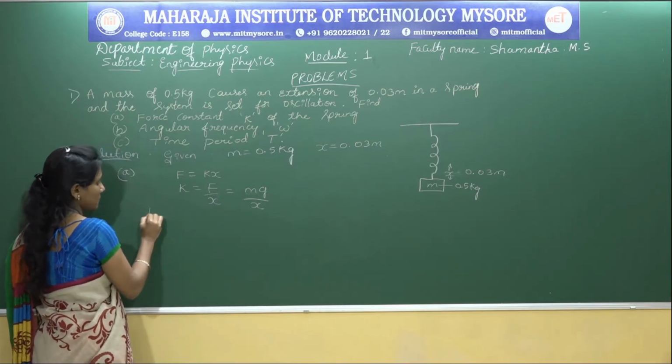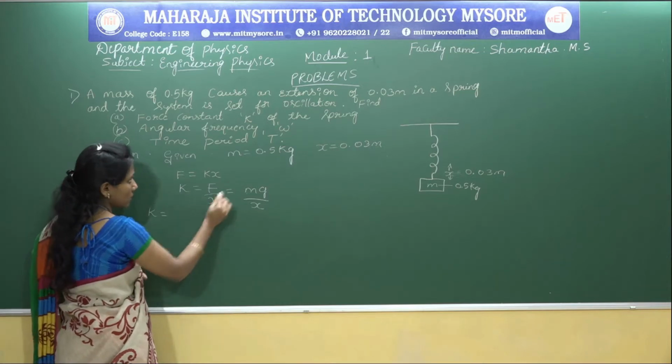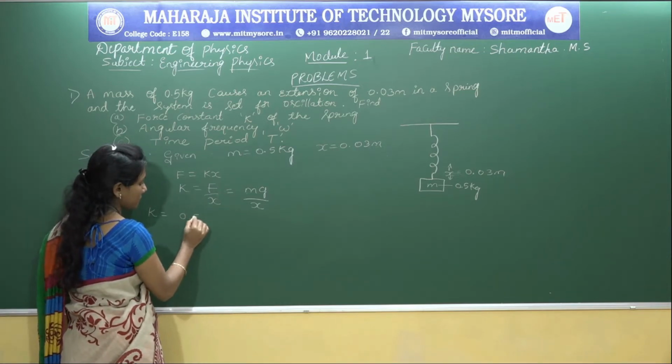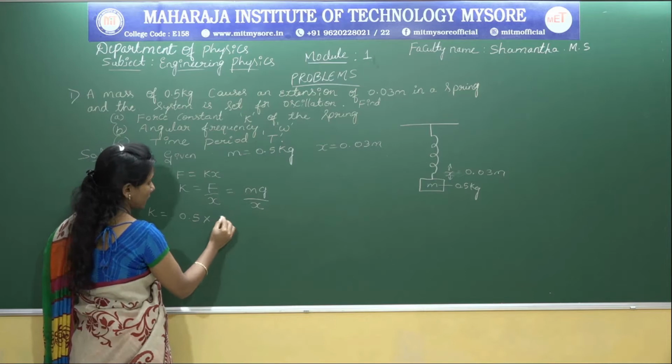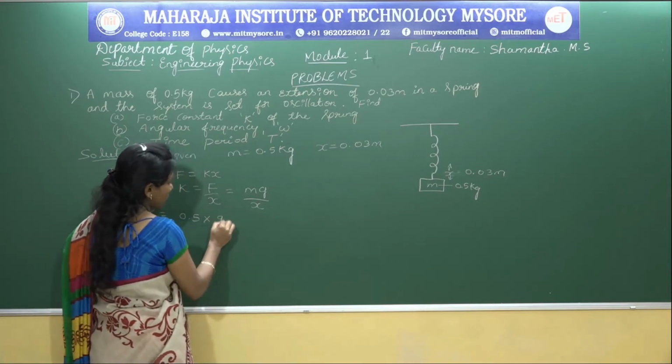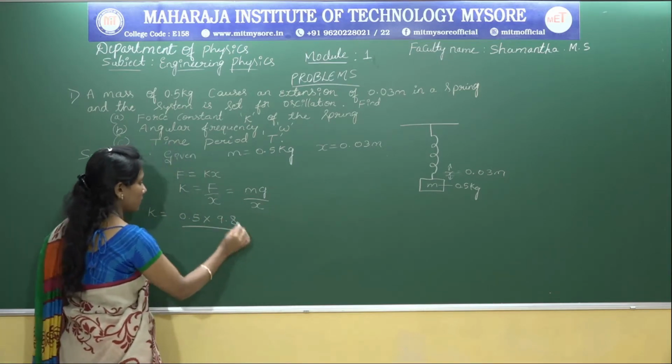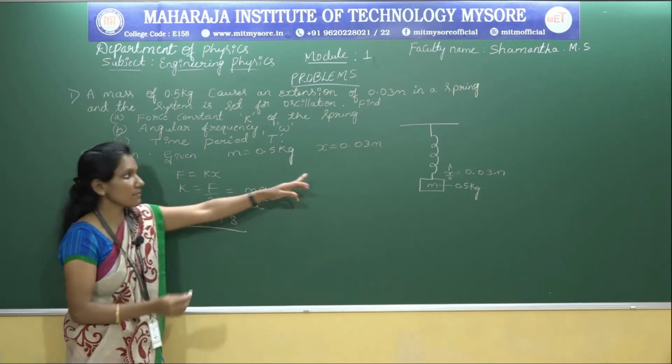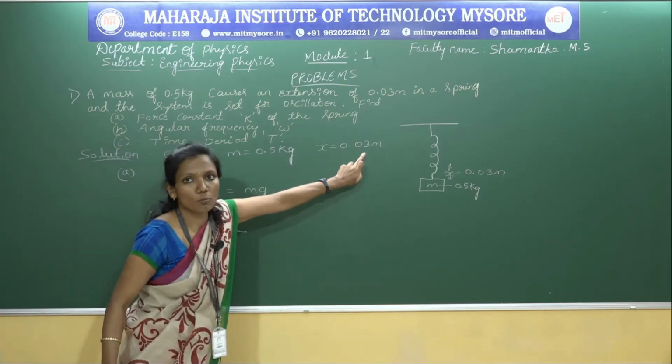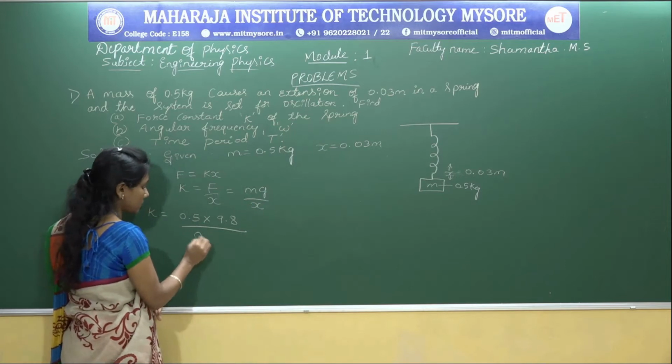So, calculate the spring constant: K is equal to the mass 0.5 times the acceleration due to gravity 9.8, divided by the extension x is equal to 0.03 meter.